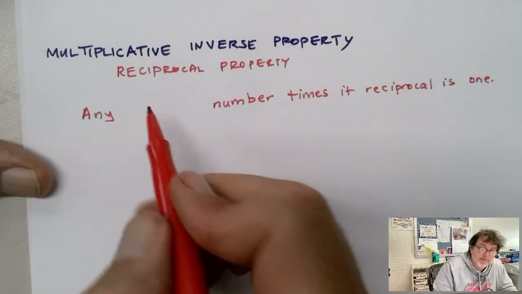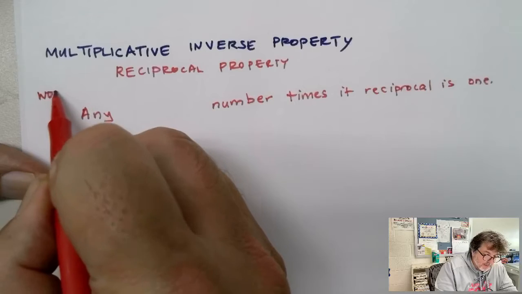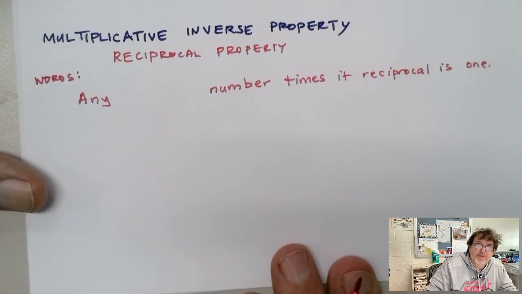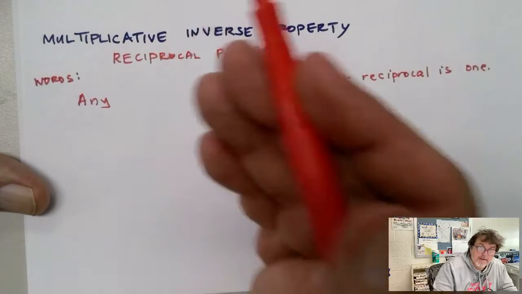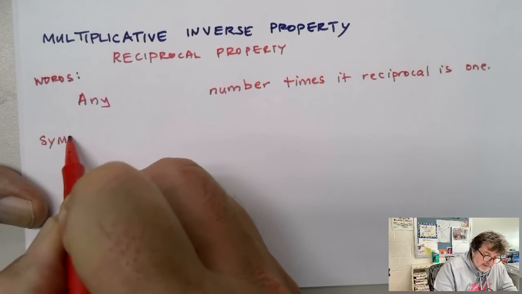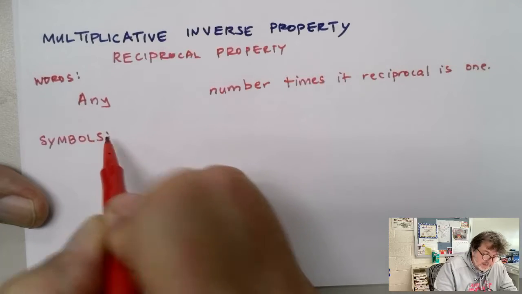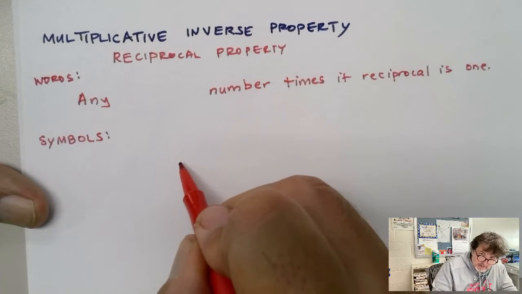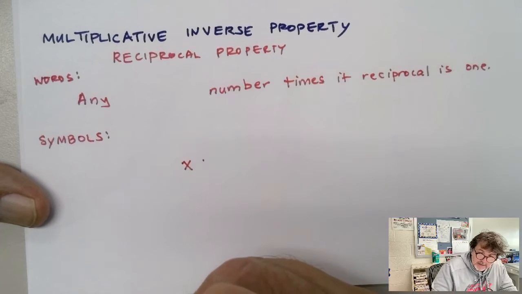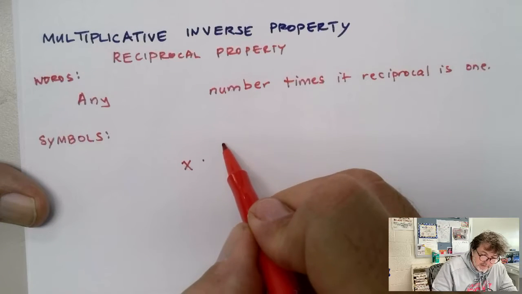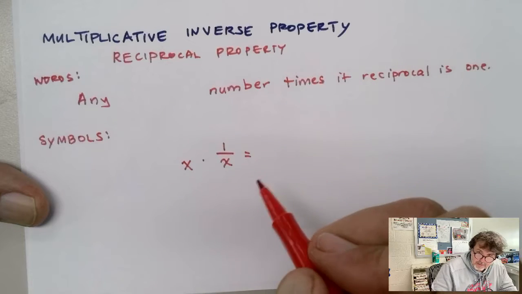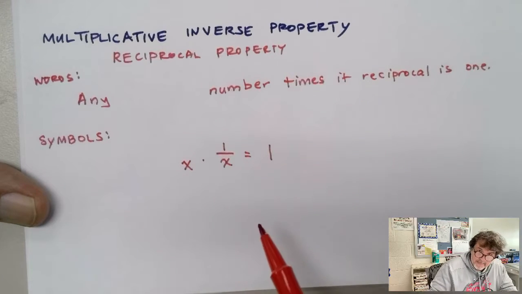That would be the reciprocal property in words. In symbols, any number x times its reciprocal, 1 over x, is equal to 1.